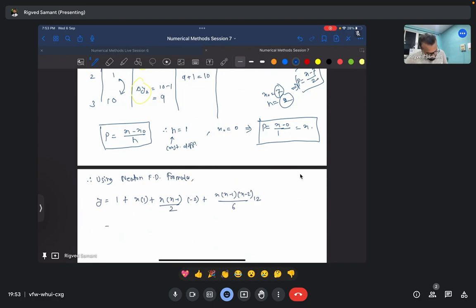Right? So if you simplify it, you will get 2x cube minus 7x square plus 6x plus 1. That is your y. Okay, this is your y value.